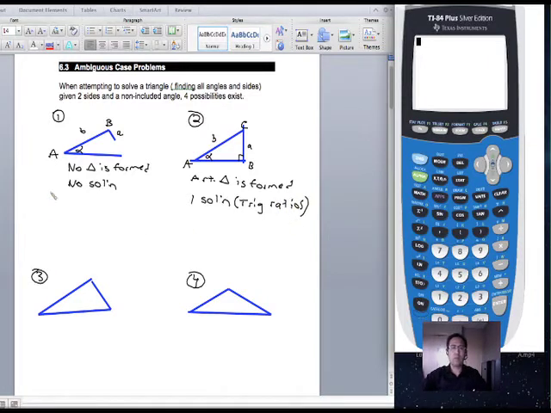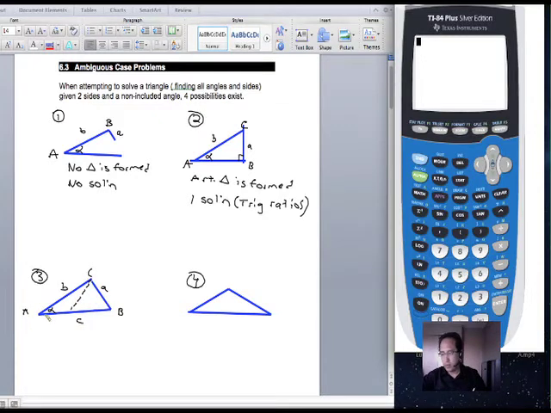Now, in the third one, what's interesting here is that the length of this can be happening here, but because it's a little bit shorter, if you swung it this way, it could form a second triangle. So it can form 2 possible triangles.